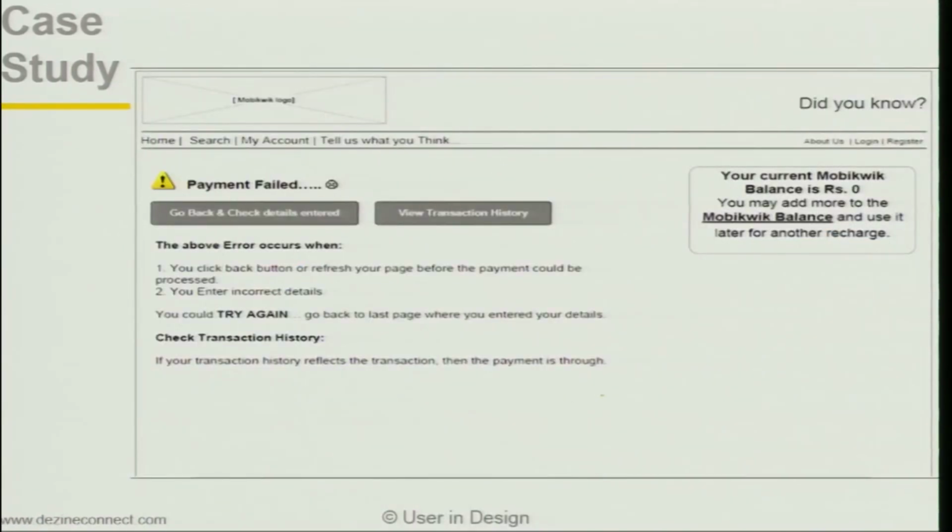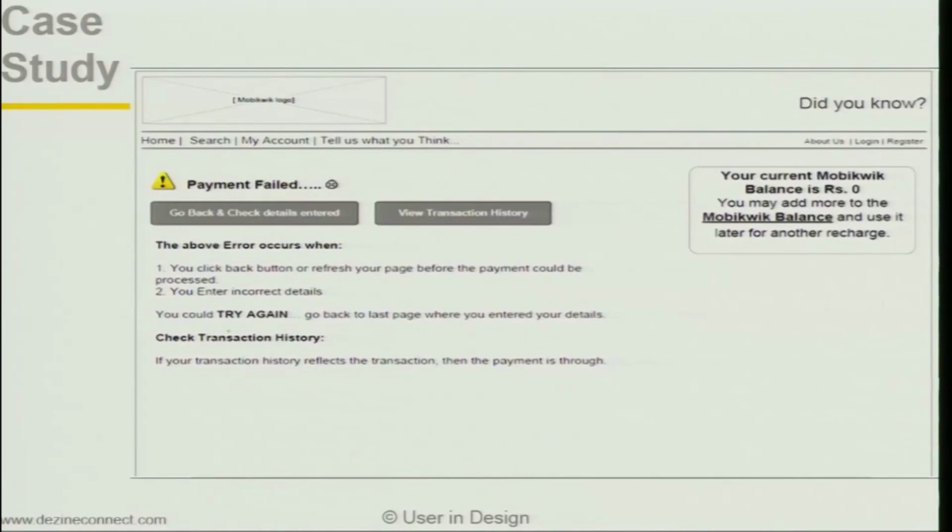And then this was their work on how error messages should be. Error messages are one of the most nasty things that a user encounters, and one of the things that makes a big difference in their ability to overcome that hurdle and carry on with their task is a clear error message. So they actually spent a lot of time designing their error messages.